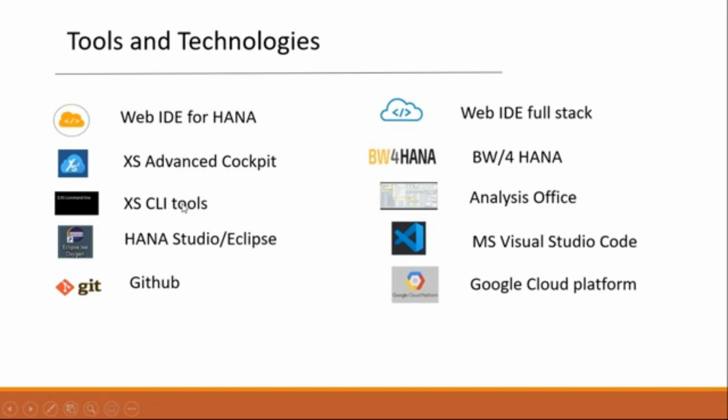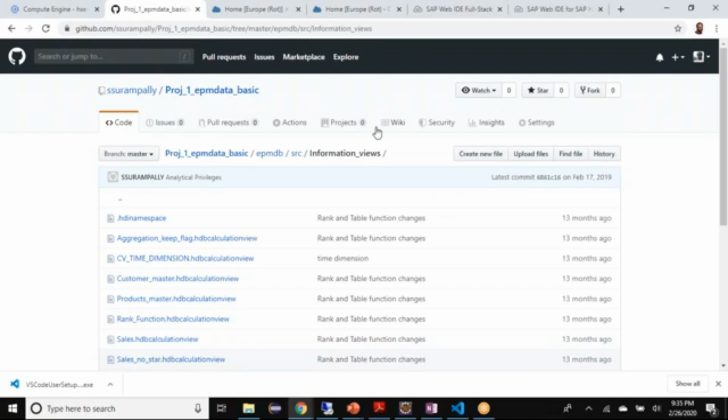So this is very powerful. You can access the system database, the application server using command line tools. You can install this one. We have already installed it. I can show you how to install it in the next recording sessions. Actually Google Cloud Platform gives you the command line tools by default.